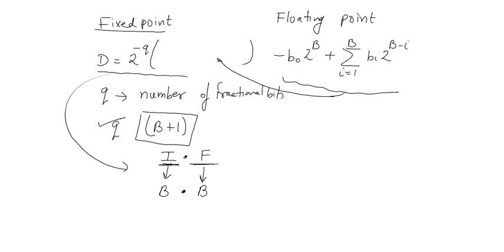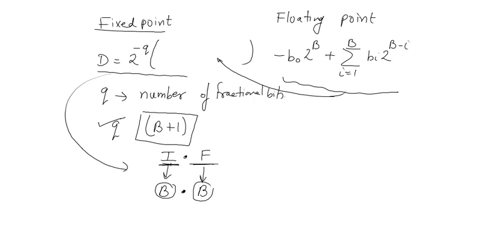So what is the meaning of that? Suppose we have 8 bits, so we can decide how many bits to give to the integer part and how many bits to give to the fraction part. When we do addition and multiplication, we definitely get more bits if a carry comes, and that is called overflow.